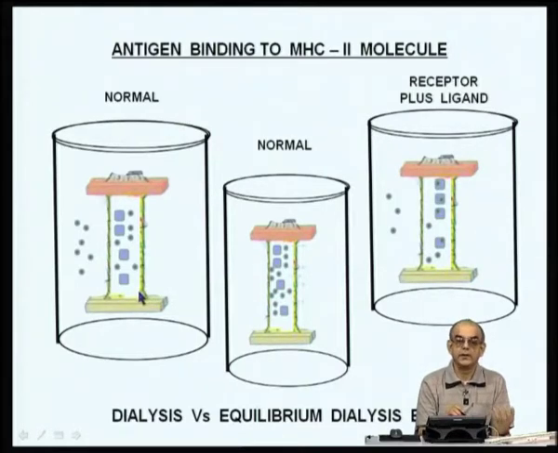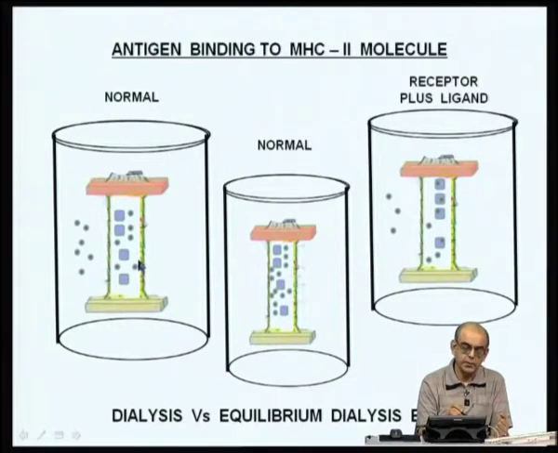You have different dialysis bags of different cutoffs like 8000, 12,000 and so on. 8000 meaning it would retain protein molecules that are above 8000 and allow the molecules that are below 8000 to move back and forth.